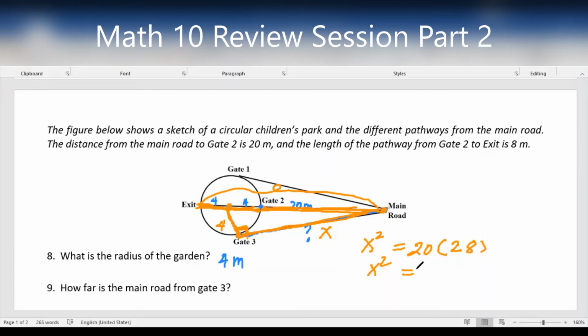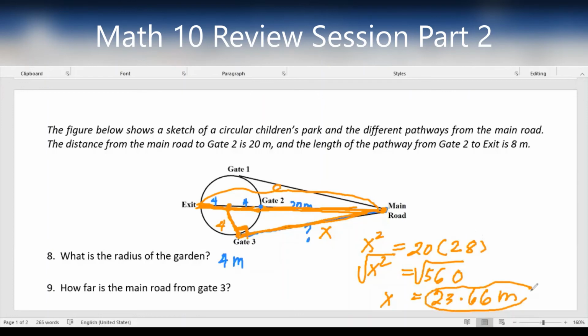Hindi na ako naglagay ng sagot doon. Dinirekta ko na ng square root. So, 20 times 28, that will be 0, 16 carry 1, 560. Tama ba? And then get the square root of 560. You will get 23.66 meters.